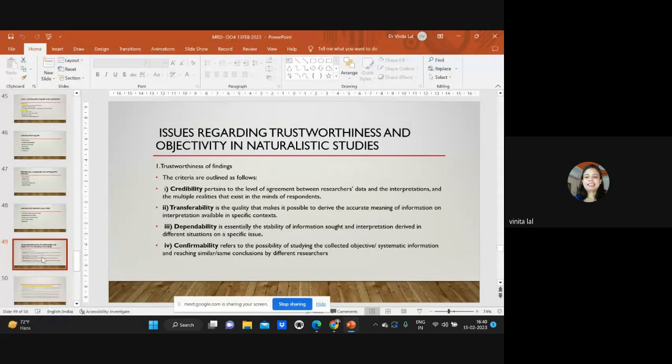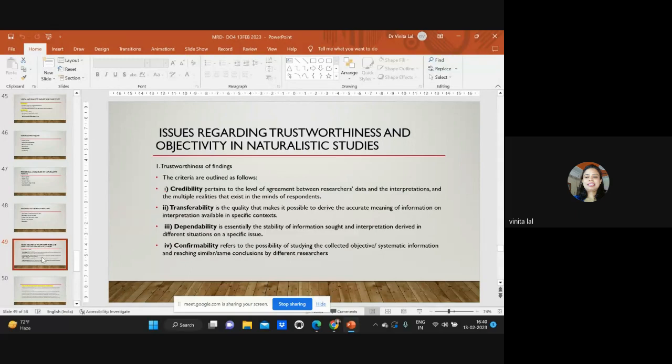And this is an issue regarding trustworthiness and objectivity in naturalistic studies. Trustworthiness of findings: some criteria are outlined.